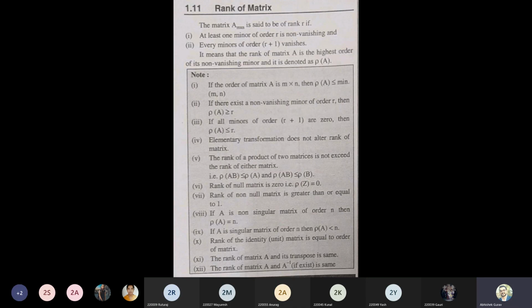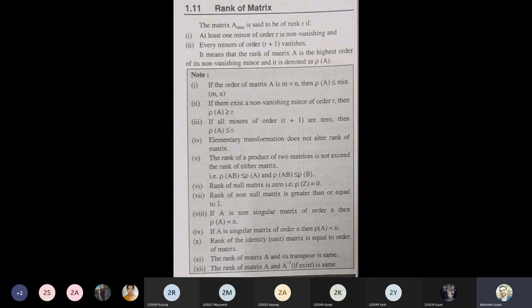So that's the first one, that is if the order of the matrix A is m cross n, then the rank is less than or equal to the minimum of m and n. Second, if there exists a non-vanishing minor of order r, then the rank is greater than or equal to r. Clear? Then if all minors of order r plus 1 are zero, then the rank of A is less than or equal to r. This is nothing but a minor.